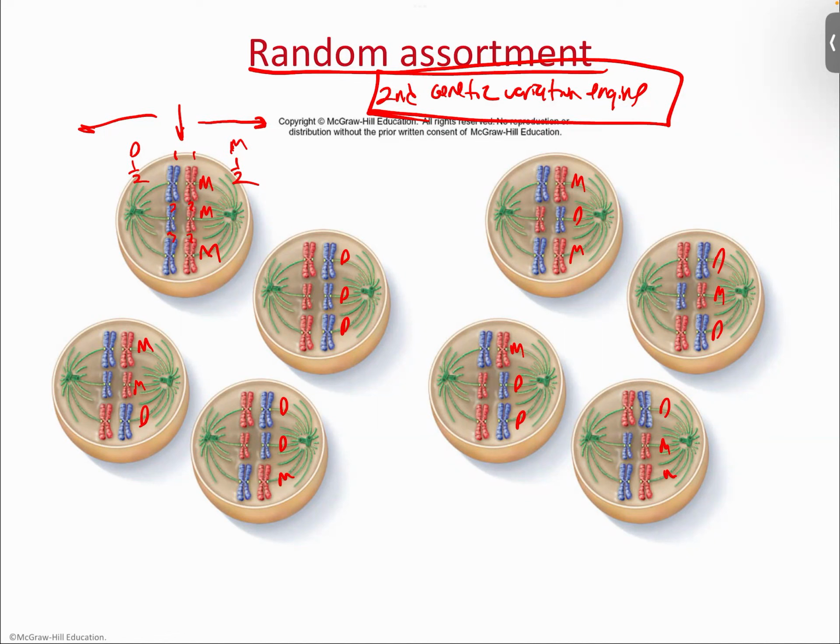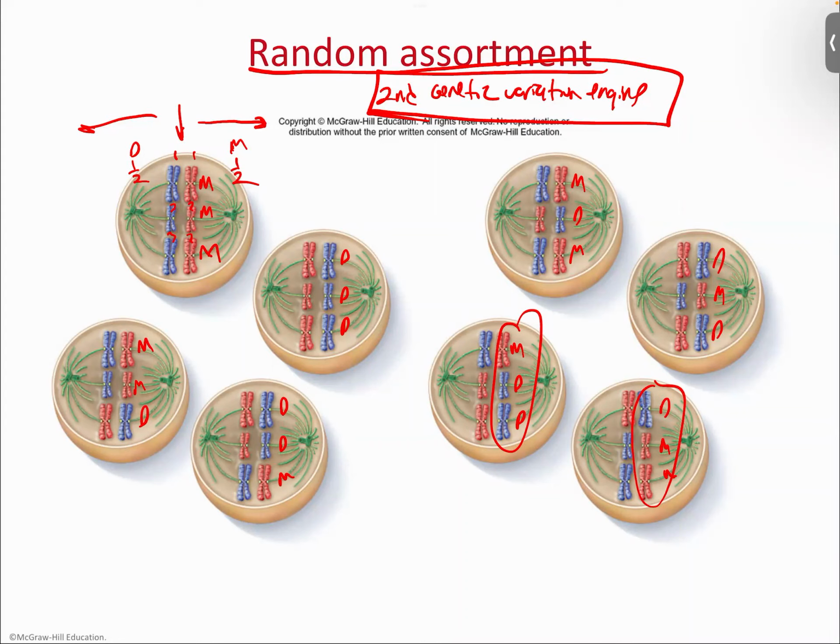What could possibly explain that? Well, this could simply be that you had a bit more maternal chromosomes, a random assortment lean on your side. It's just that simple. It'd be different for this one, which is going to have a lot of dad in it with a little injection of mom, or this one's going to be mostly mom with a little injection of dad. So you can have a mixture of these different outcomes.